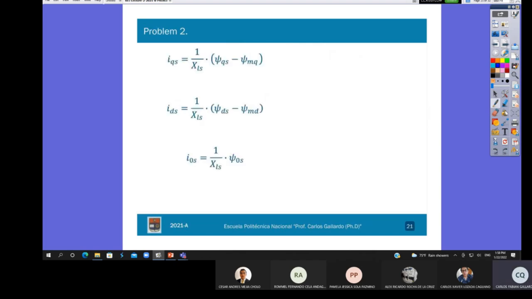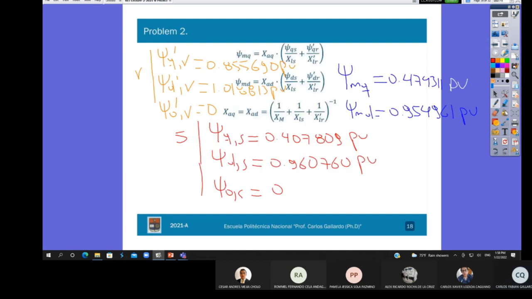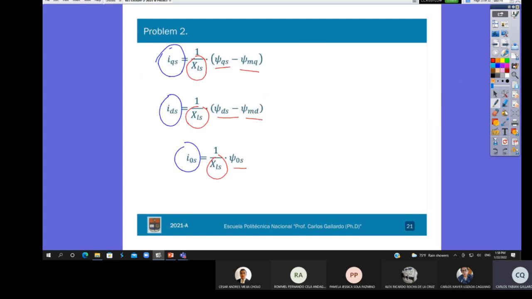Okay, so in order to compute the current, this is for the stator. Okay, see, this is the stator reactance, and this is the flux. So we have these values here. Okay, so substituting the values, I will get the current.